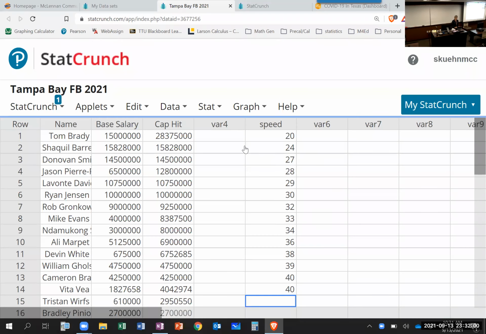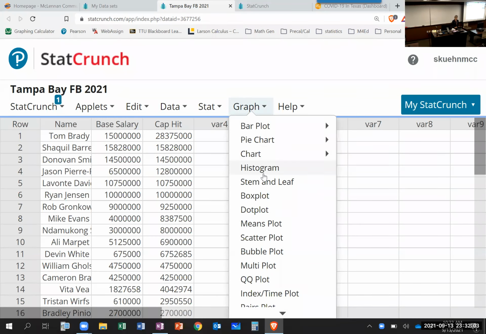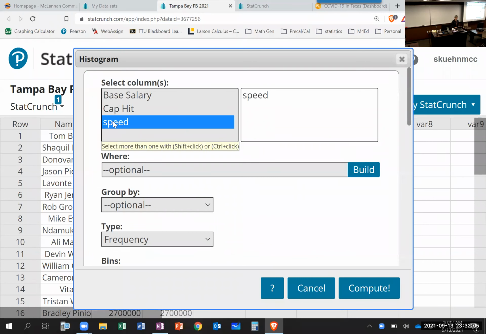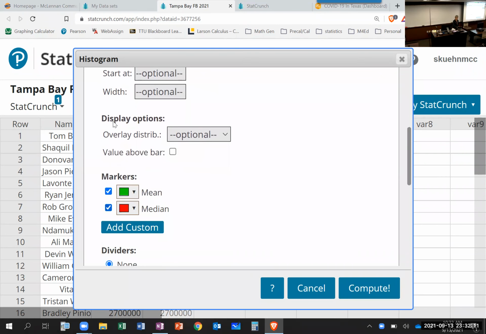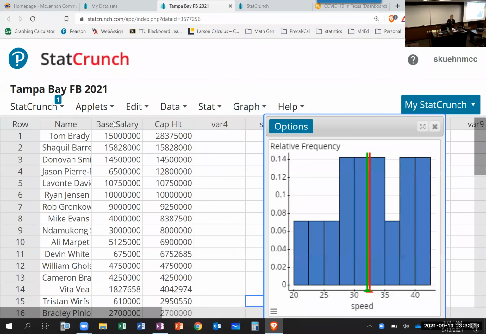So if I graph that histogram and put those markers up there, I have something that is somewhat symmetrical. Looks kind of funny, but it is up there.